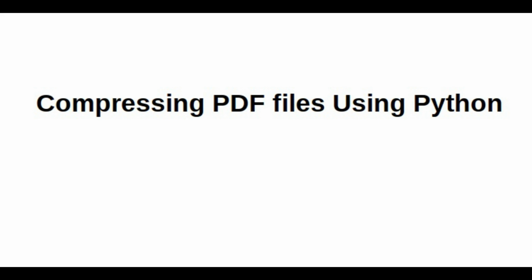Before we go into how we compress PDF files using Python, you should understand some of the limitations. It turns out that PDFs are already fairly compressed. The text and vector graphics portions of PDF documents are already zip compressed internally.